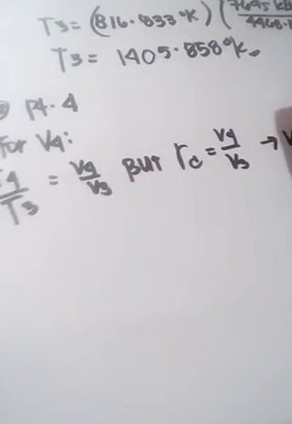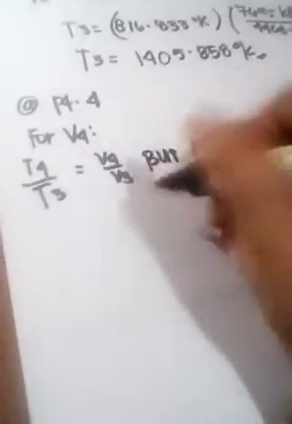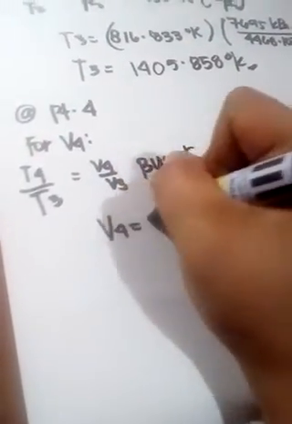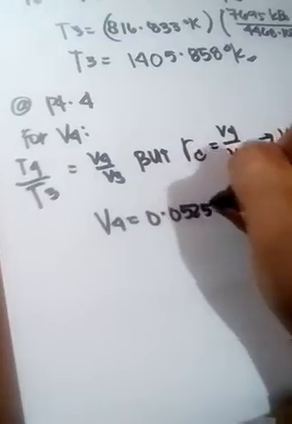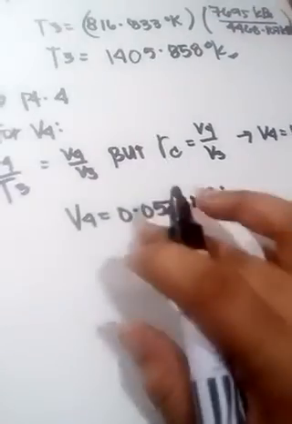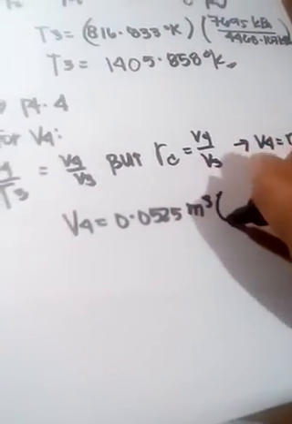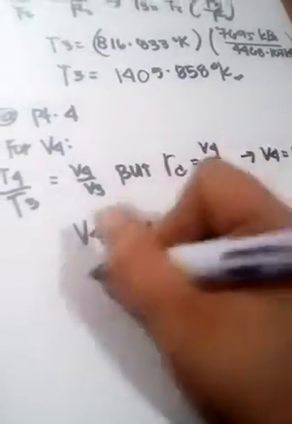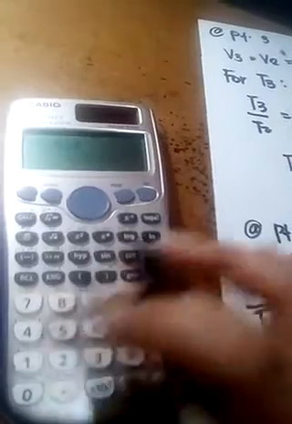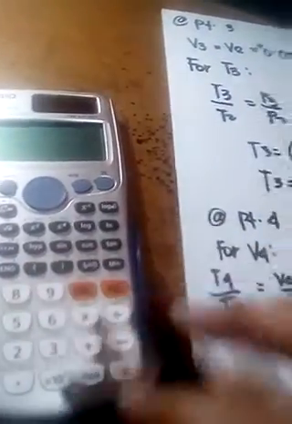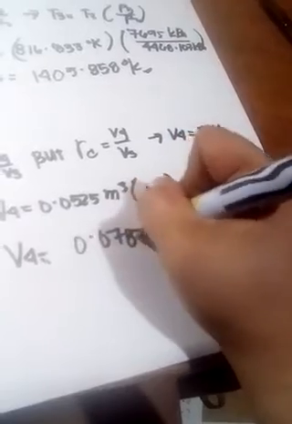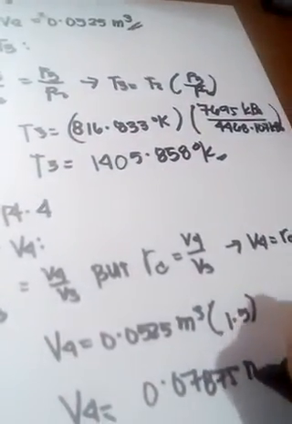Therefore, V4 equals RC times V3. V3 is 0.0525 cubic meter times RC, which is 1.5. Therefore, V4 is 0.07875 cubic meter.